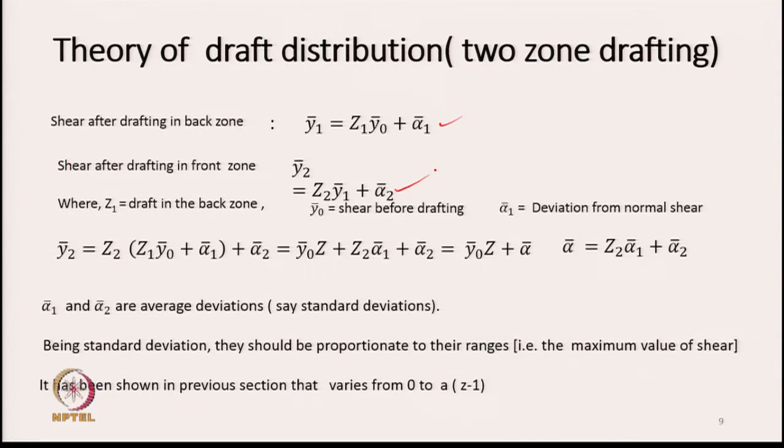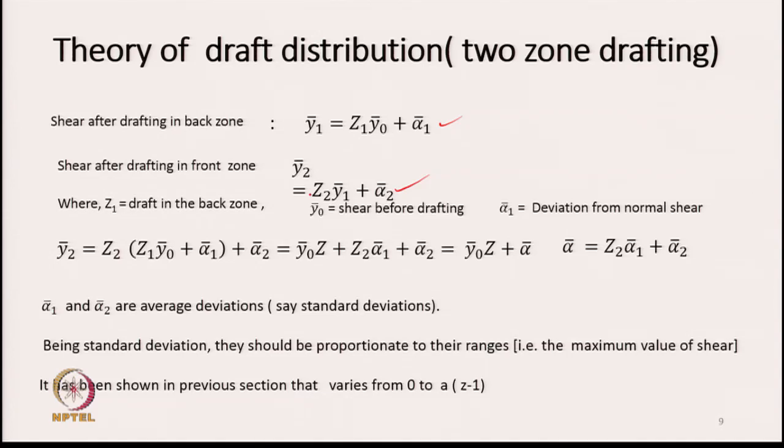Let us say the back zone shear is y1 bar and the average front zone shear is y2 bar, and the equations are similar, where Z1 and Z2 represent the draft in the back zone and the draft in the front zone.